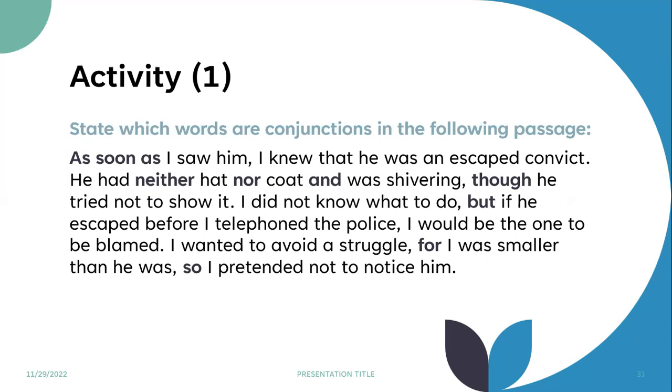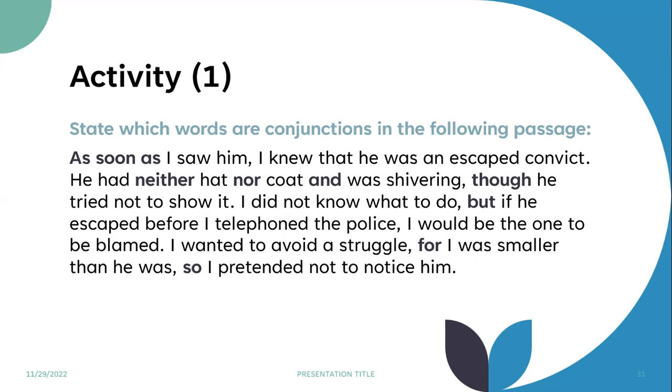So I will read it now. As soon as I saw him, I knew that he was an escaped convict. He had neither hat nor coat and was shivering, though he tried not to show it. I did not know what to do, but if he escaped before I telephoned the police, I would be the one to be blamed.